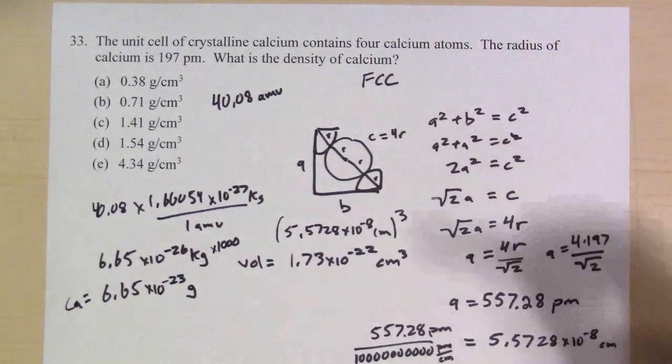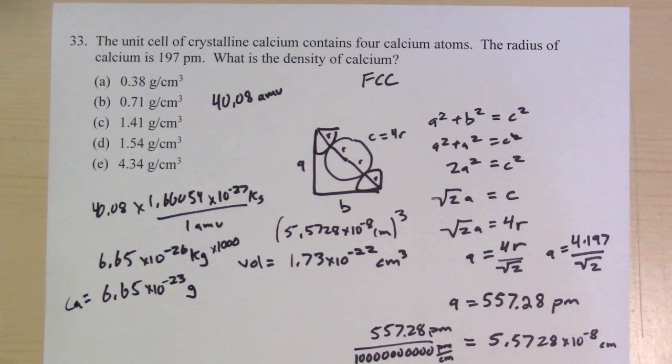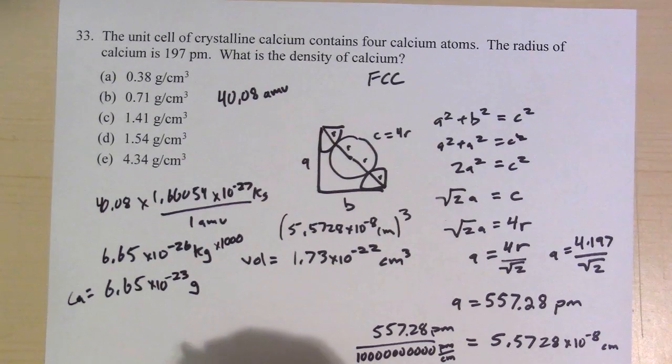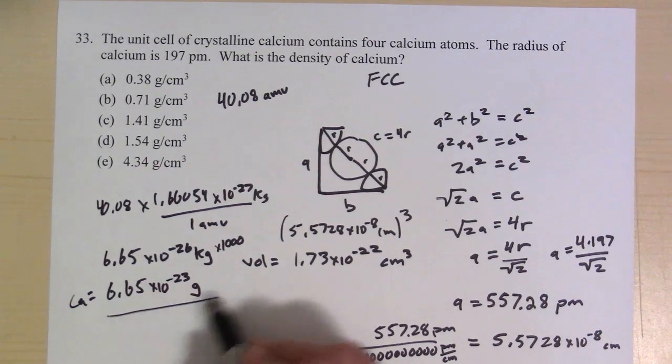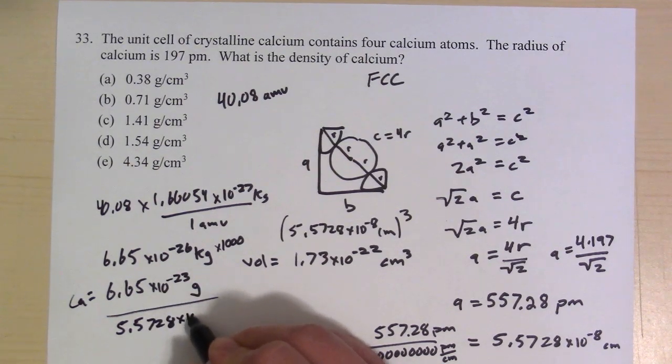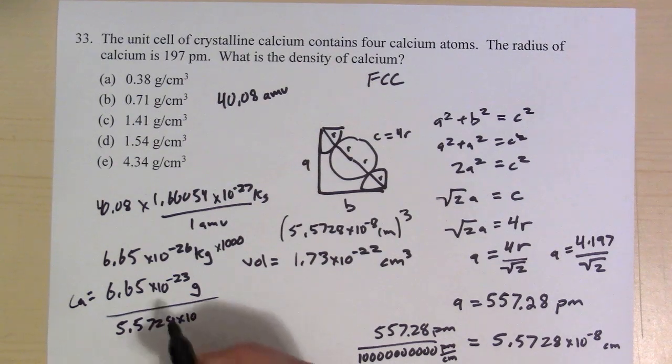Remember that there are 4 calcium atoms in our unit cell. So we can either multiply this by 4 or divide this by our volume and then multiply that by 4. So if we divide this number by the volume, so 6.65 times 10 to the negative 23rd grams divided by 5.5728 times 10 to the negative, oh, no, sorry, that's the length.